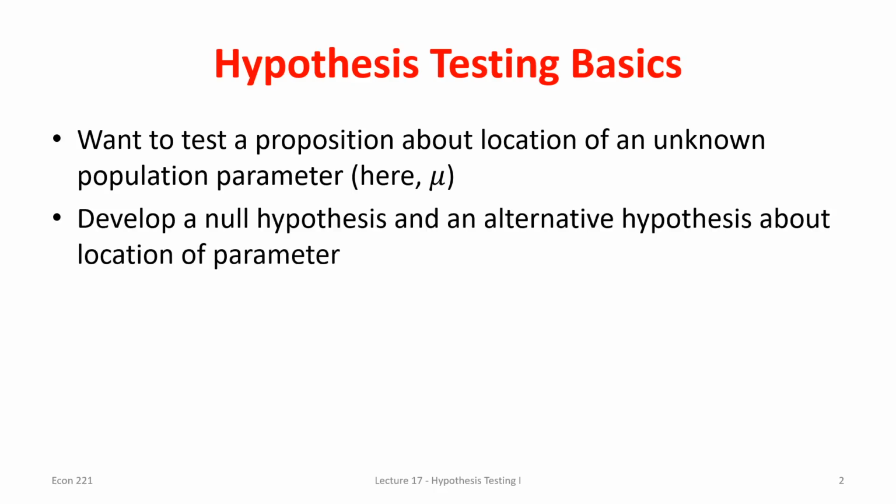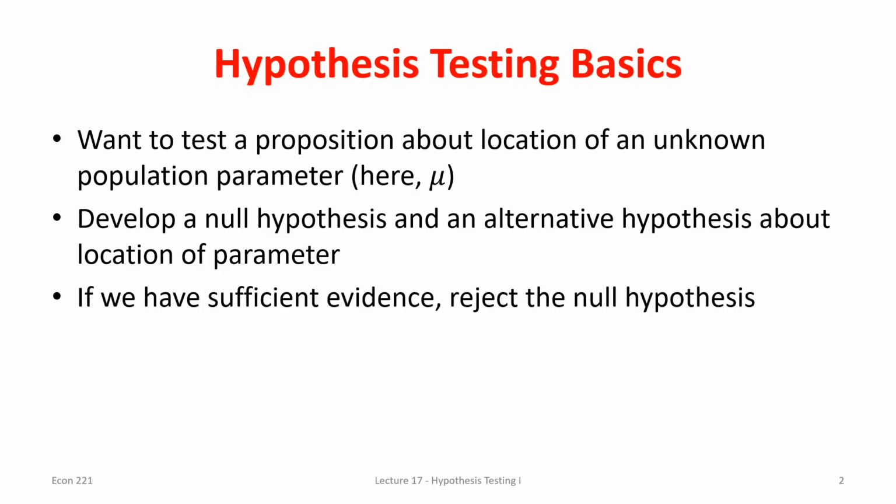So we develop a null and alternative hypothesis about where this parameter lies. The null and alternative will be complements of each other. So if I assume that the mean is greater than or equal to some value, the alternative hypothesis would be that it's less than that value. If we have enough evidence that goes against the null hypothesis, which I also say is the assumed true value, then we can reject it.